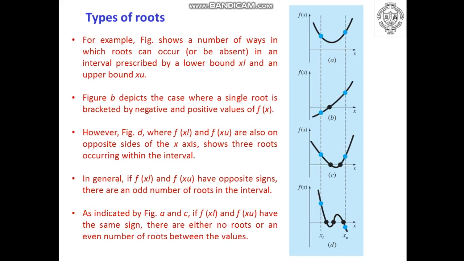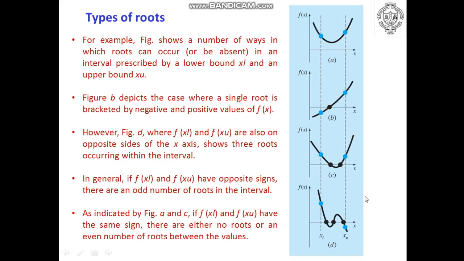So the conclusion is, if the signs of f of xl and f of xu, that is the function of initial case 1 and function of initial case 2, are opposite, then the number of roots which lie in that particular interval is an odd number, because here you can see only a single root is located, but in this case three roots are located. So 1 and 3 are nothing but odd numbers.